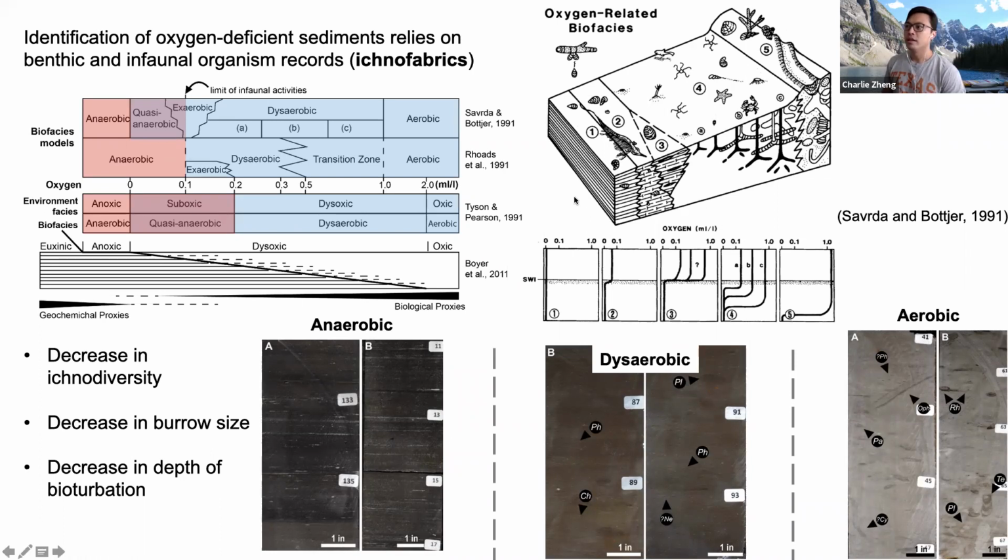In classic studies, we can tell from changes in fauna diversity, burrow size, and depth of bioturbation, which imply a shift of the redox surface in the substrate, and that gives us a better understanding of benthic oxygen concentration. Of course, I also have geochemical and sedimentological data to support this and to integrate all these interpretations.